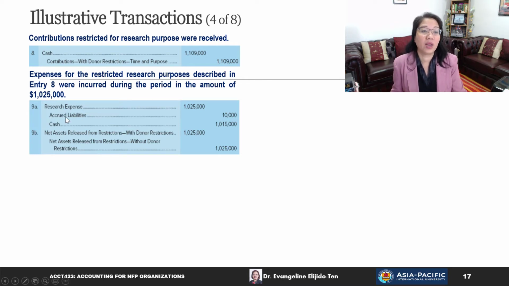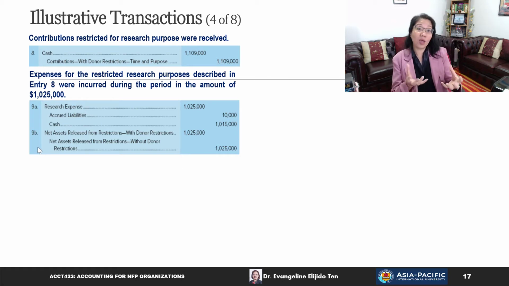so we will credit accrued liabilities for 10,000 as given here, and it looks like we have paid cash for 1,015,000 out of the 1,025,000. So we are crediting cash for 1,015,000. We will now have to transfer from net assets with donor restriction to net assets without donor restrictions.